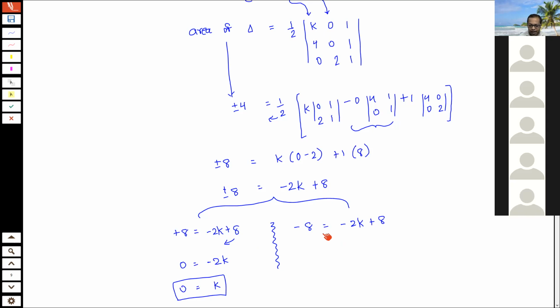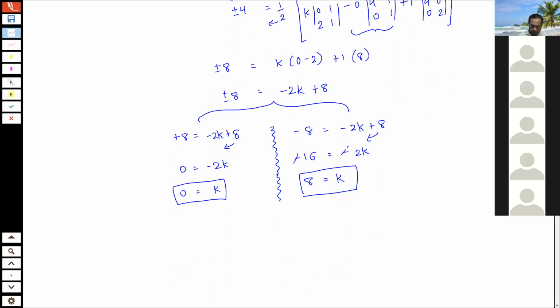Okay. And here, if plus 8 goes to that side, minus 8, minus 8. So minus 16 will be minus 2k. Negative sign will get cancelled. So another possible value of k is 8.